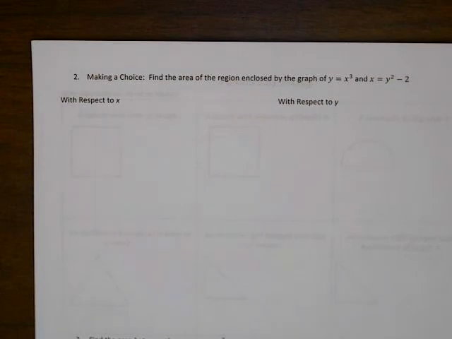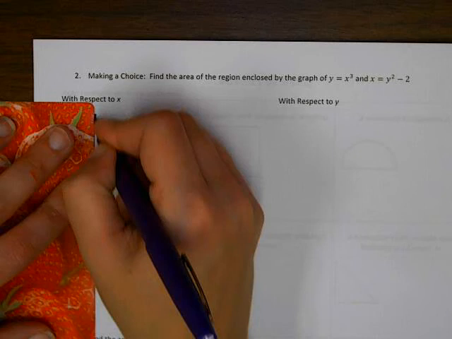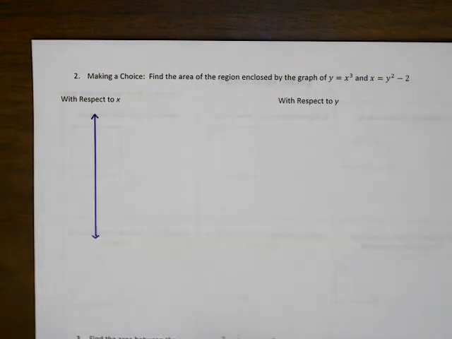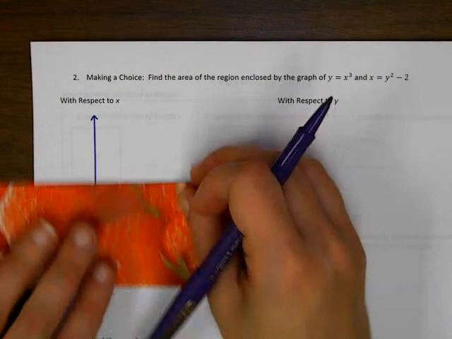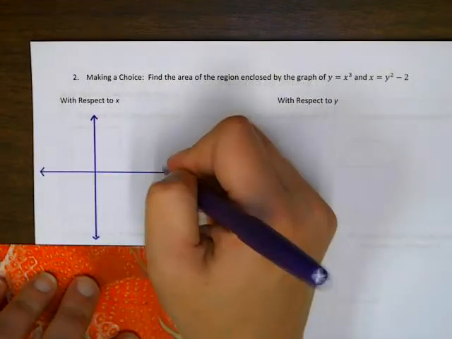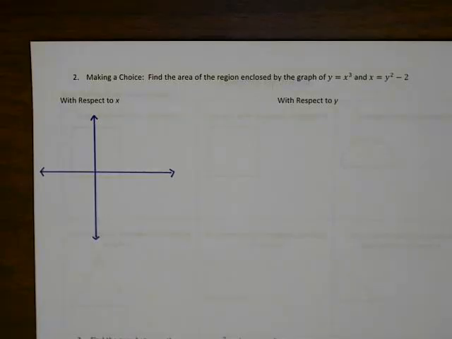So let's go ahead and make a really good graph. Now we're going to do this exact same problem twice. One of the times we're going to do this problem with respect to x, and one of the times we're going to do this problem with respect to y. So let's see here. Y equals x cubed.